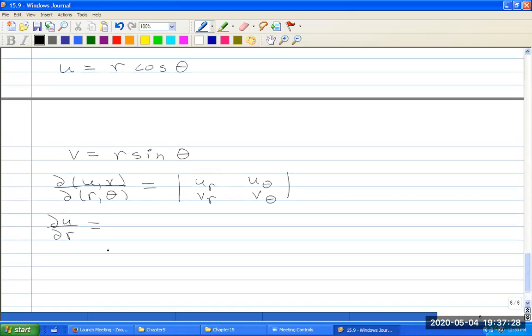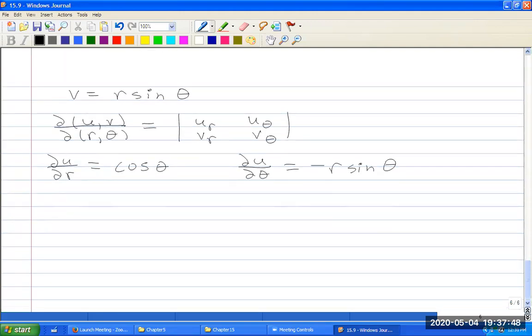Okay, so partial u with respect to r is cosine theta. Partial of u with respect to theta is, derivative of cosine is sine, so minus r sine theta. Partial of v with respect to r is sine theta, partial v with respect to theta is r cosine theta.